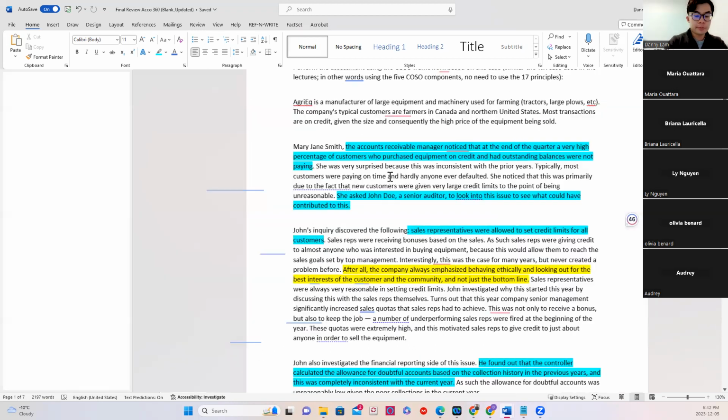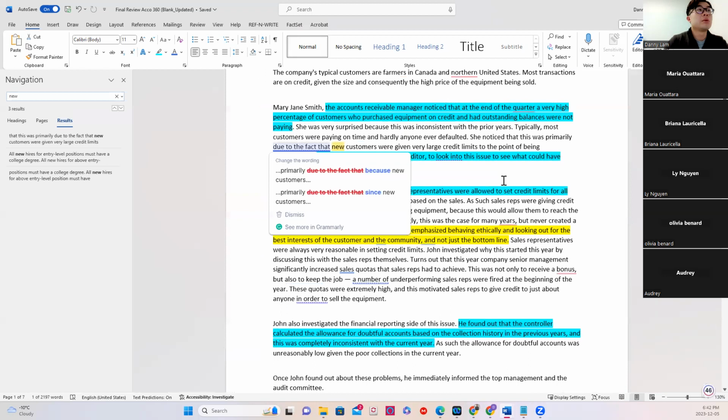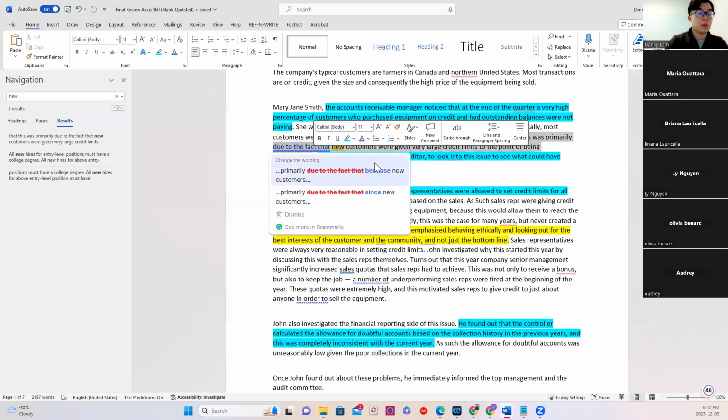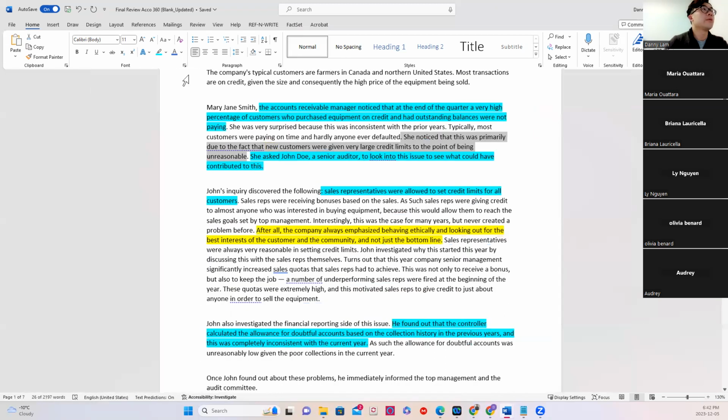In Control F. Here, she knows that it was primarily being unreasonable, right? These are from other stuff, so that's a very good point.